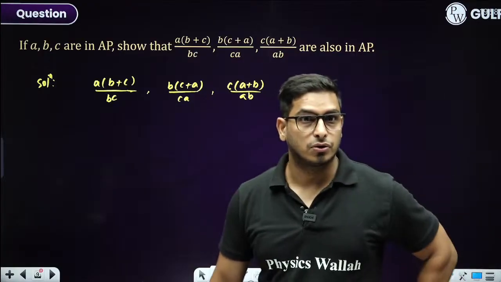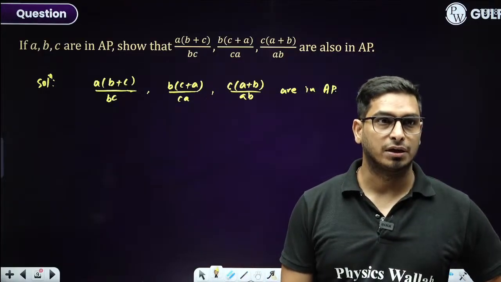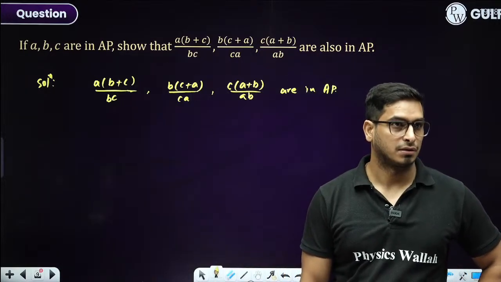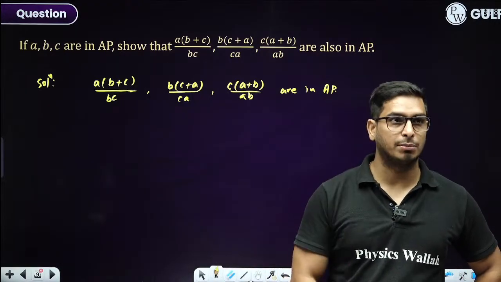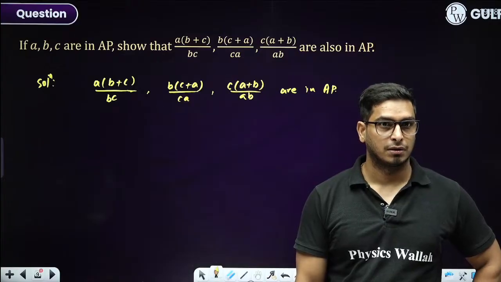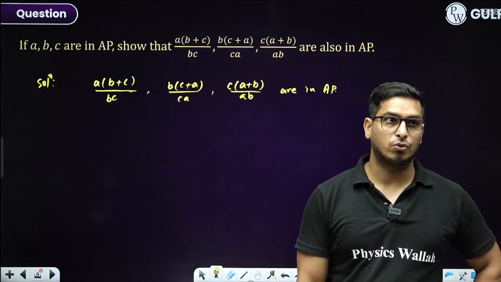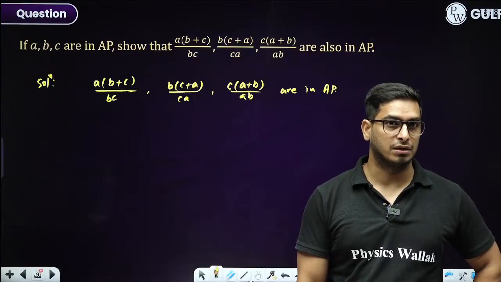Okay, so that's what I'm saying. A square (B plus C) by ABC, correct? Then you will get rid of ABC, correct? Then we will have A square B plus A square C.